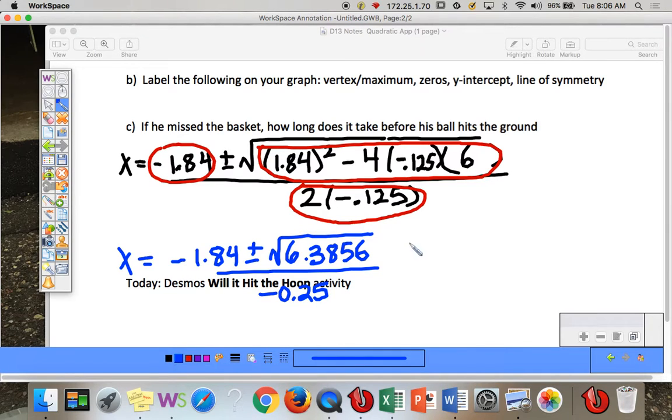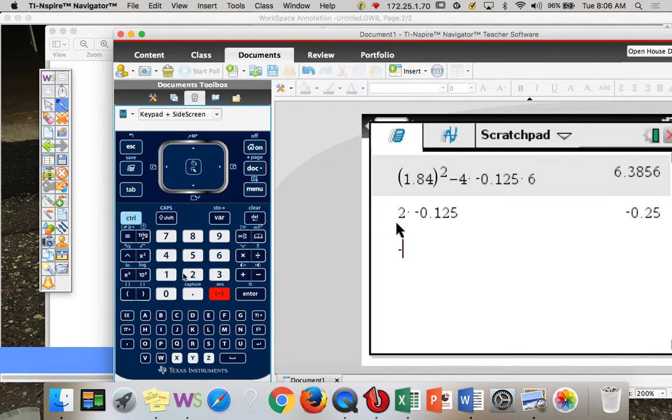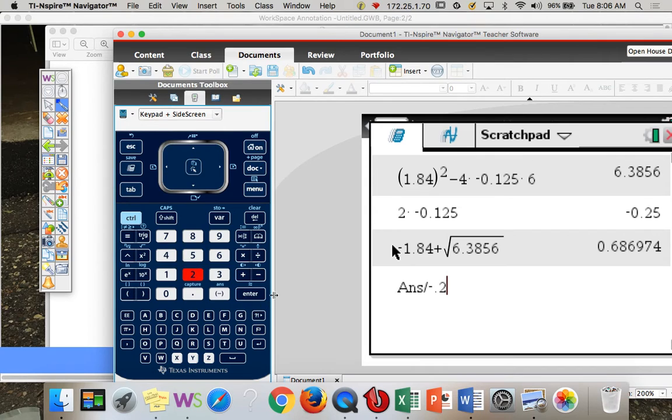Now we can split it up and get our two answers. The first one will be negative 1.84 plus the square root of 6.3856. Hit enter. Divide by the negative 0.25.